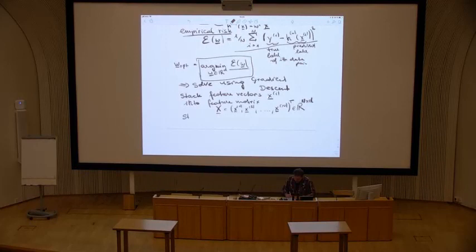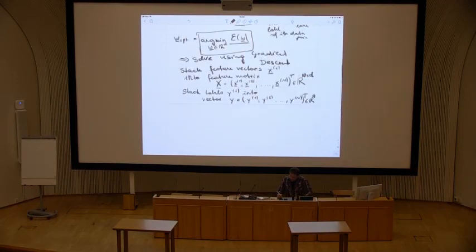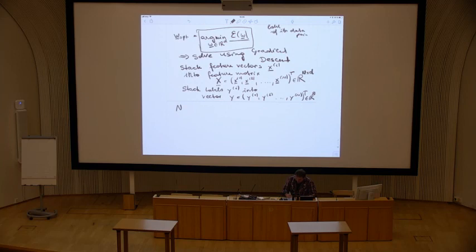And similarly, we stack the labels of the training data points into a vector. So the label of the first data point, the label of the second data point, and so on till the label of the last data point. So this is a vector of length n, the number of data points. The symbol n throughout the course always has the same meaning.